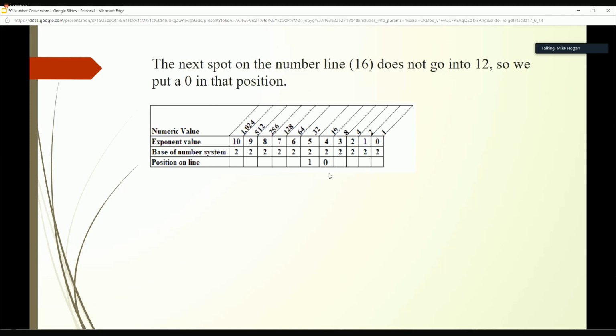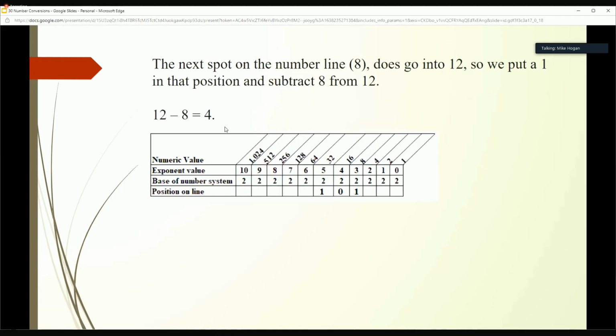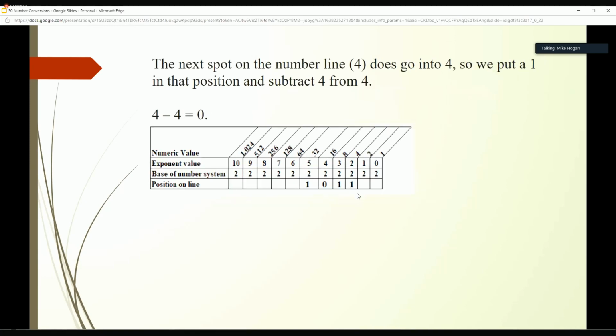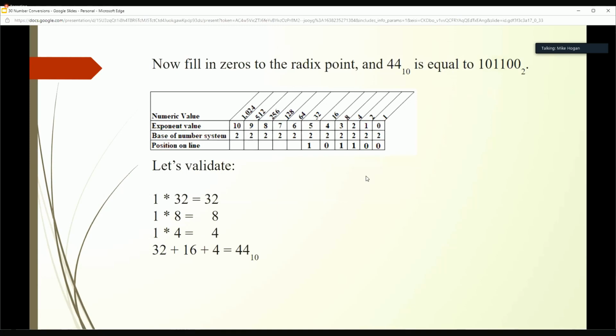Didn't need a 16. 12 minus 8 was 4. So we had an 8, we had a 4, and then no 2s, no 1s, to give us our base 10, 44. Well, we've seen that before: 101100.